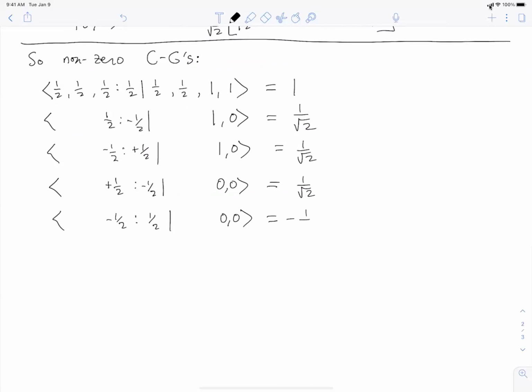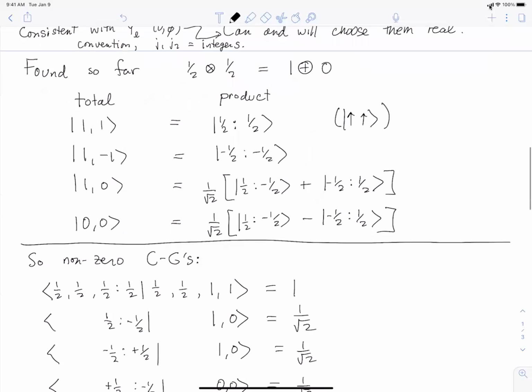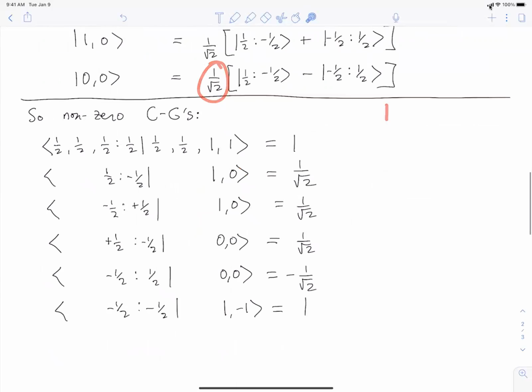This is minus 1 over square root of 2. And then finally, the last non-zero one is if these are both minus 1/2, and this one is 1, minus 1, then that's equal to 1. Okay, so once you've worked out the relationship between the total basis and the product basis, every term in here is a Clebsch-Gordon coefficient, and then you can make a big table of what they all are.